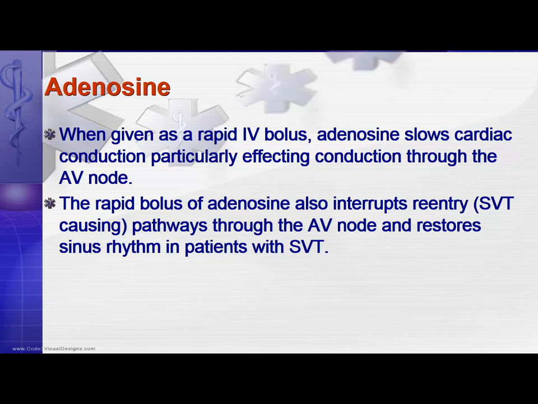And even if you're going to treat with electricity, if you're going to synchronize cardiovert, it is important to know if it is a regular narrow complex or an irregular narrow complex, because you're going to use two different joules dosages, right?